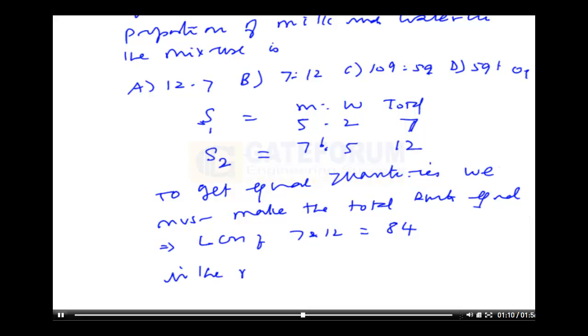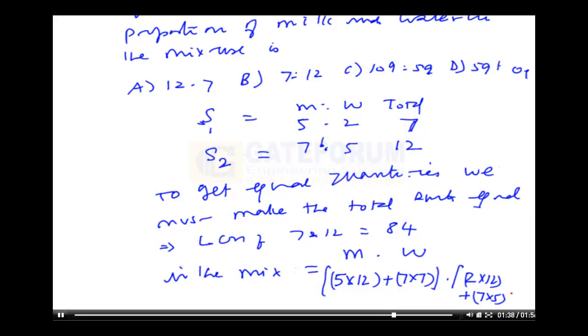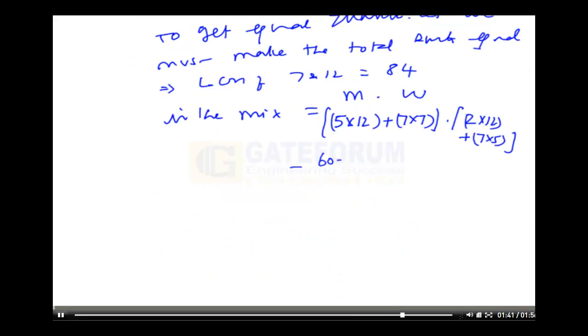So, in the mixture, milk and water will be 5 into 12 plus 7 into 7 and 2 into 12 plus 7 into 5, shall be 60 plus 49, 24 plus 35.